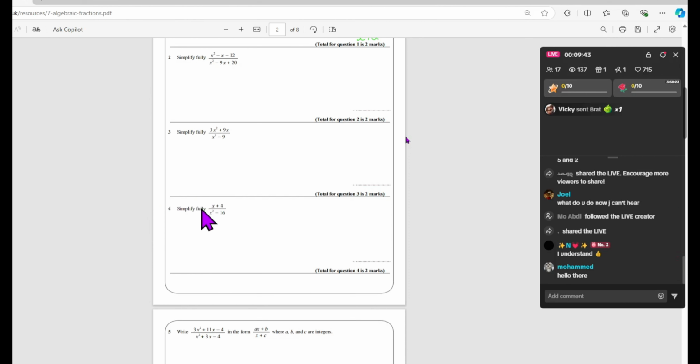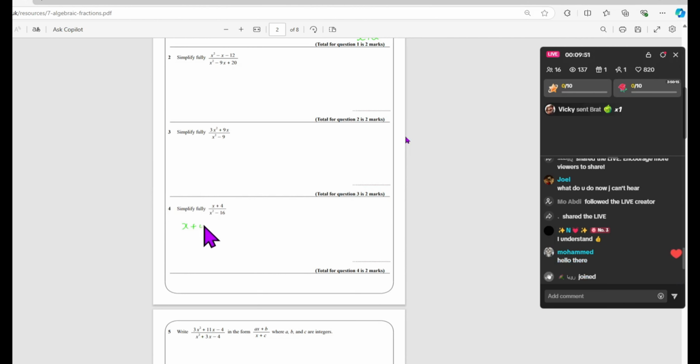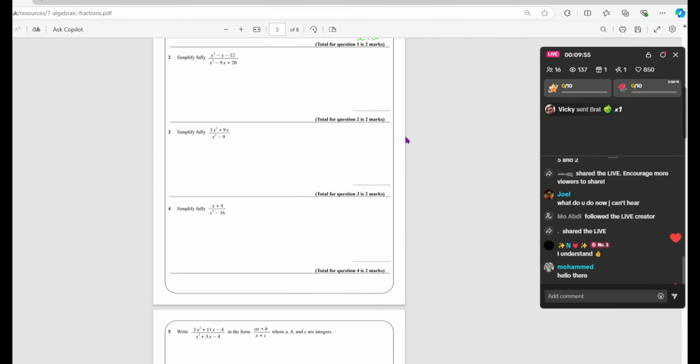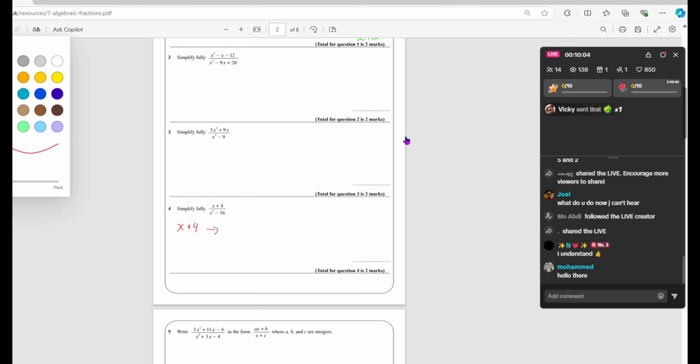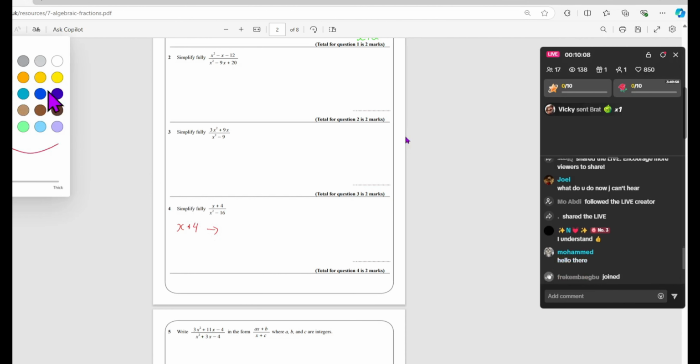This one is a bit different, as you'll see why. So we have x plus 4. We're going to factorize it. Need to factorize x plus 4. How will we do that? Now you notice that there's no common factor.